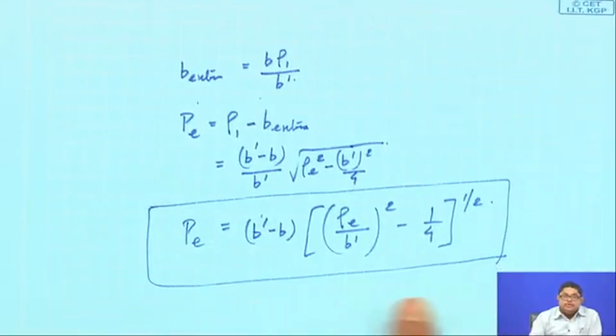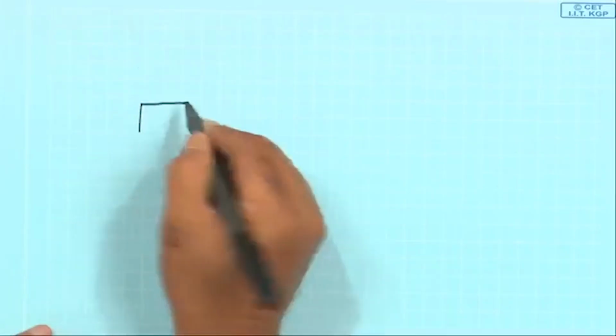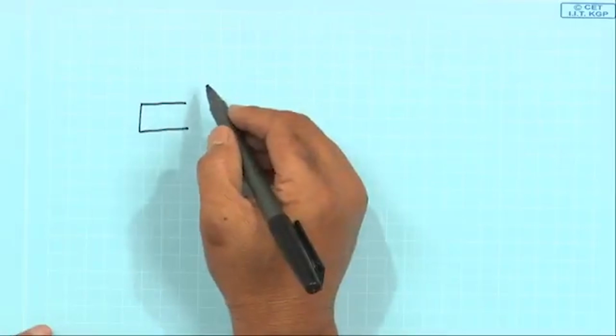Now, I will do the same thing for the H plane horn. There also the diagram is this.